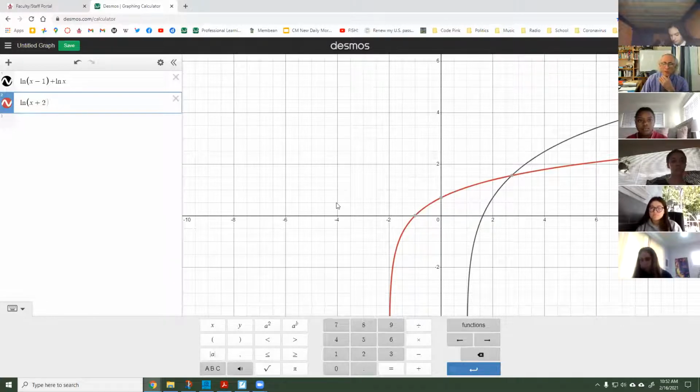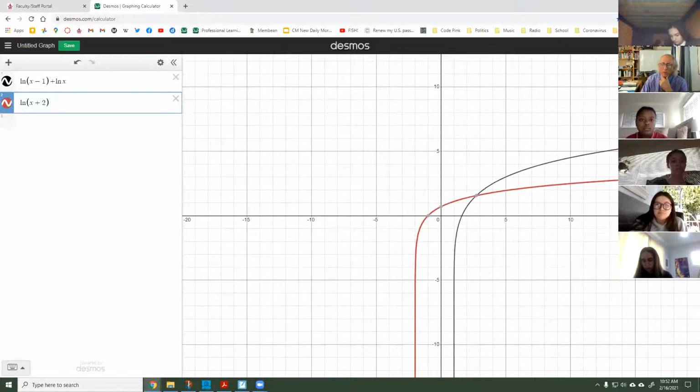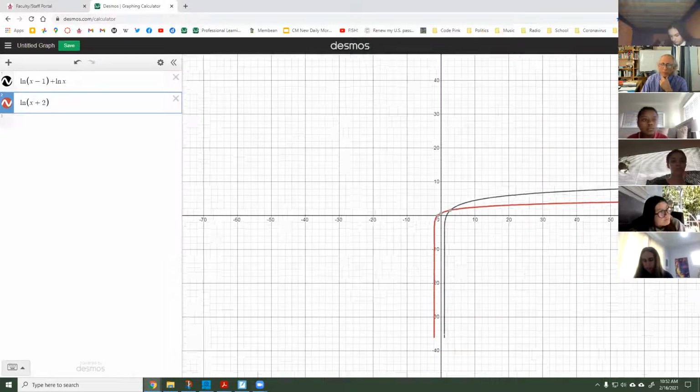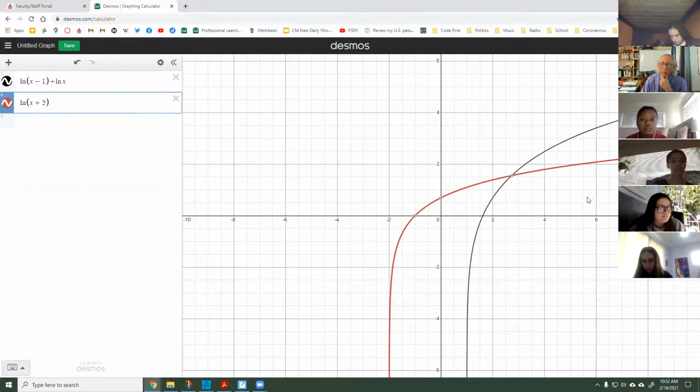So I can see that they only cross right here at 2.732. They do not cross anywhere else. So if they only cross there at 2.732, well, I'm going to get out my calculator.